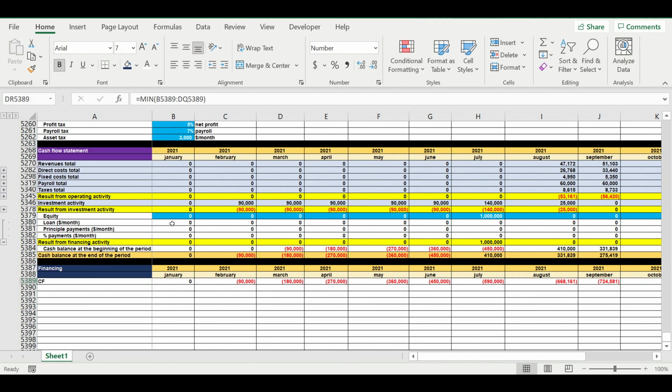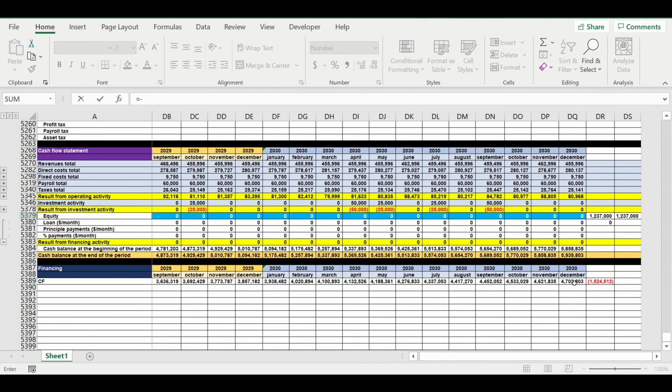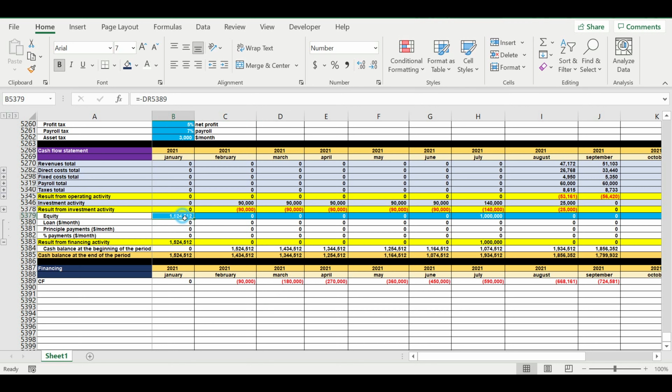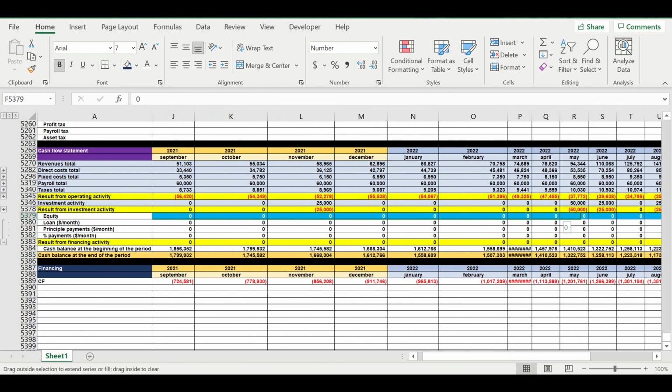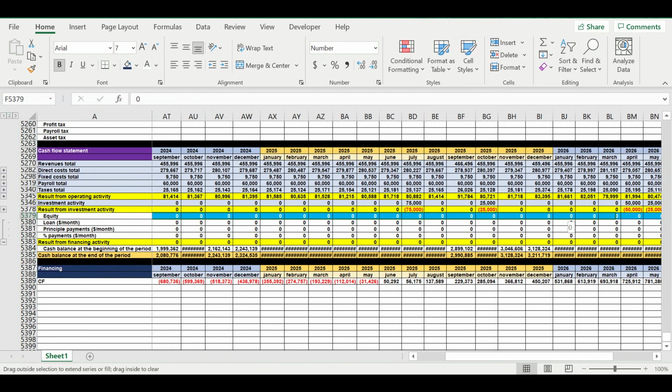Now I can go, for example, here, and take the opposite sign of the minimum value that we found inside this timeline. Put it here, press enter. And now if we go through the timeline and look at the cash balance at the end of the period, we'll see how in the first period we just move away all these values.